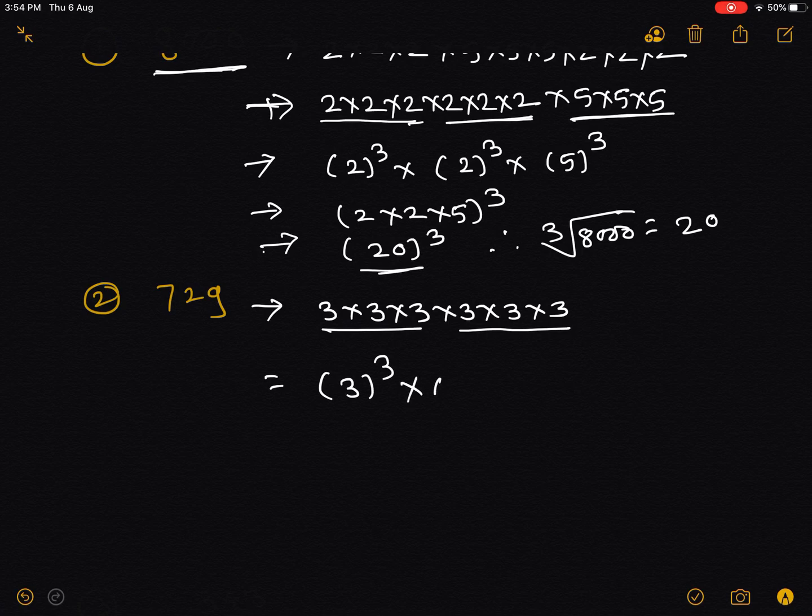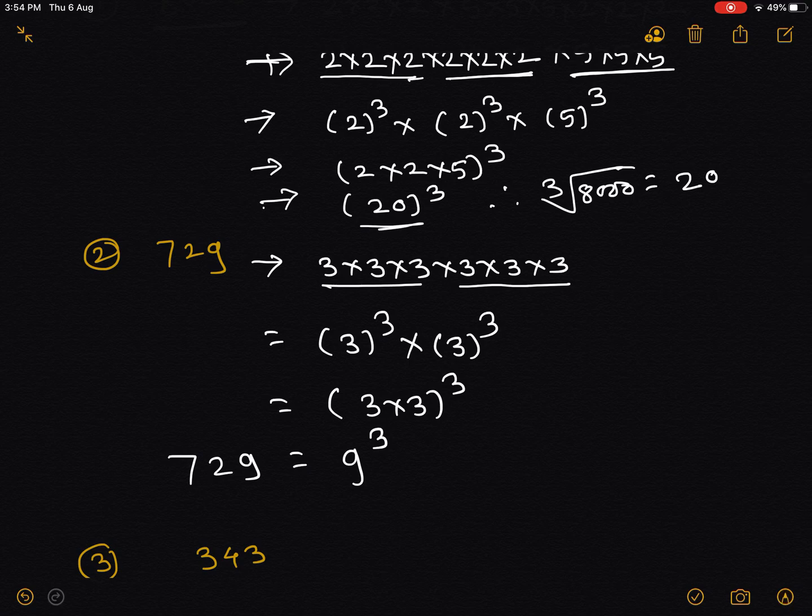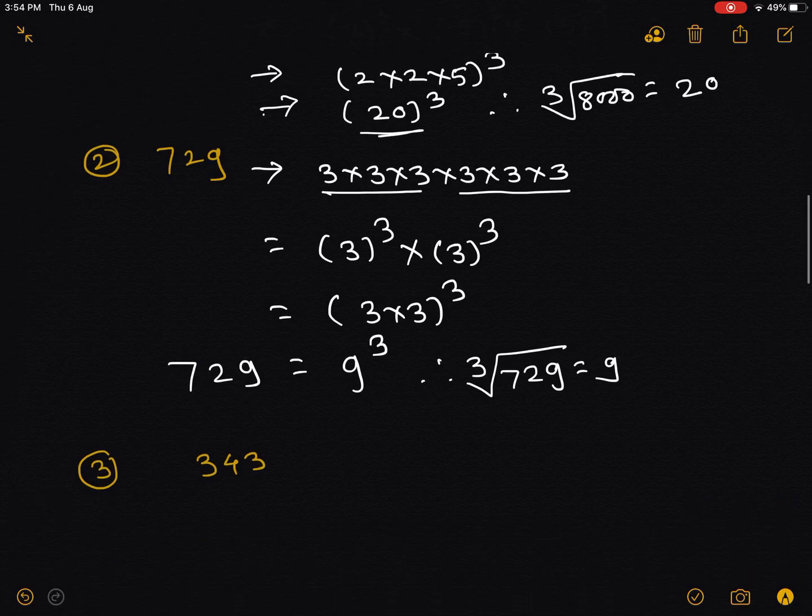Then we write here 3 raised to 3 into 3 raised to 3. That is 3 into 3 raised to 3. That is 9 raised to 3. Therefore 9 raised to 3 is 729. Therefore cube root of 729 is 9.